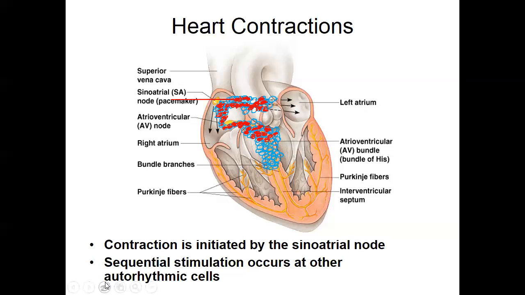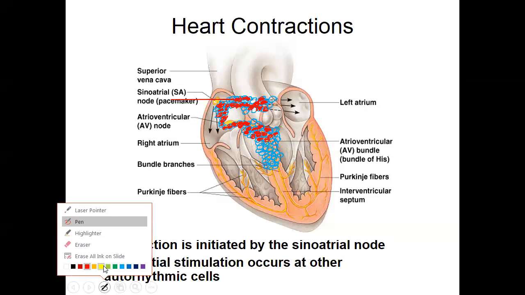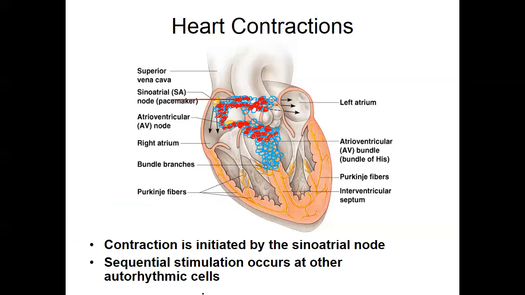That being said, if we have a big infarct, an inferior MI, and you have infarcted tissue right here, or let's make it a little bit bigger, right here. What do you think is going to happen to these cells here?